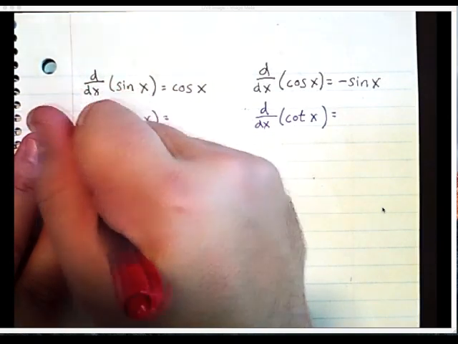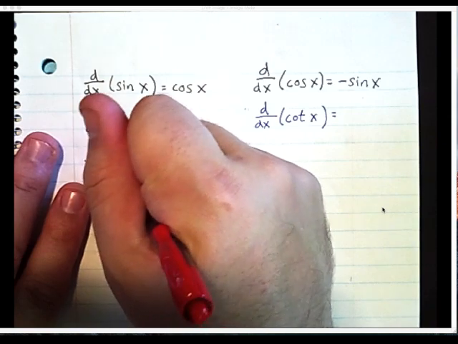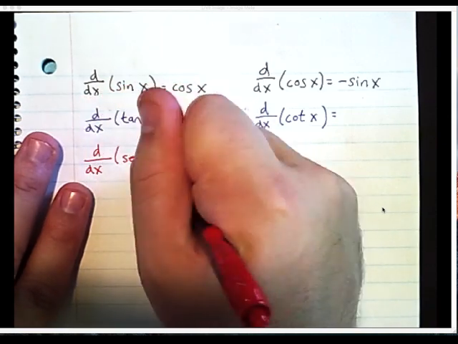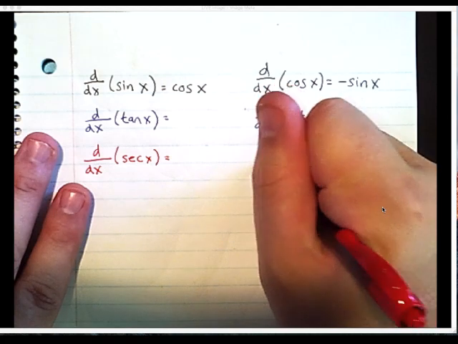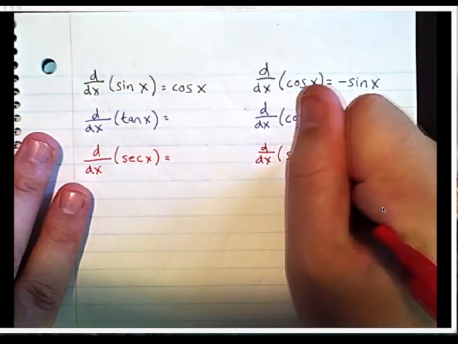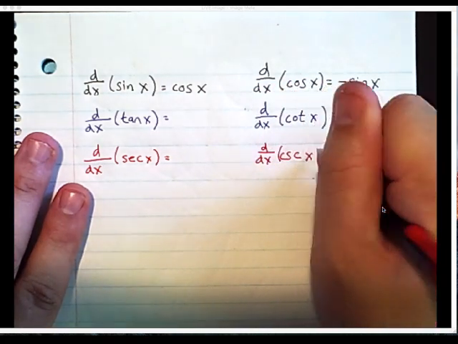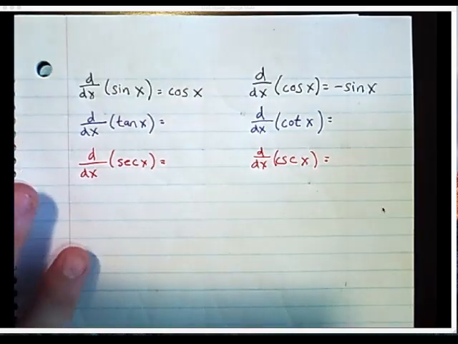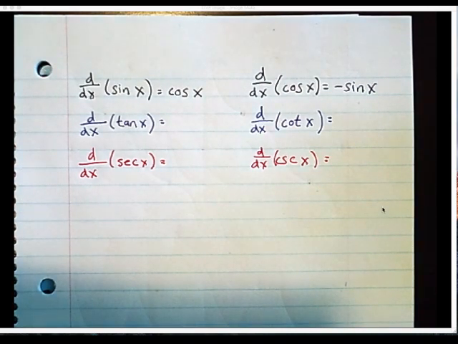There's a derivative for secant, and there's a derivative for cosecant. I'm going to tell you what they are, and I'm going to try to explain why they are what they are.